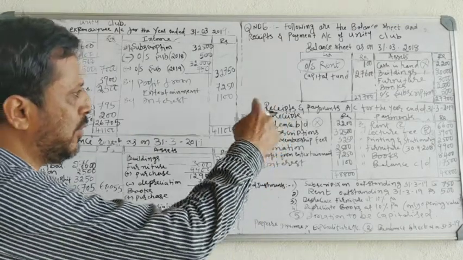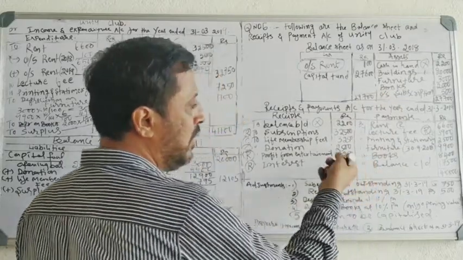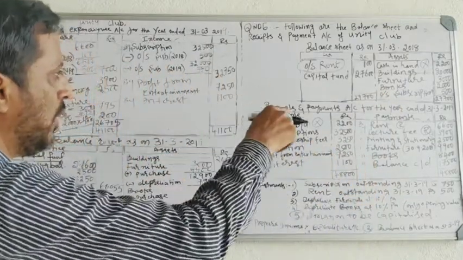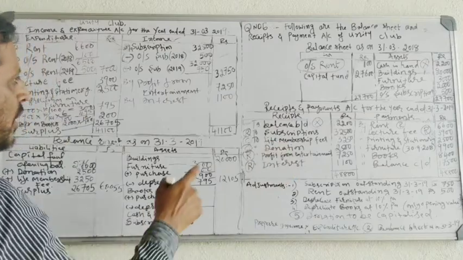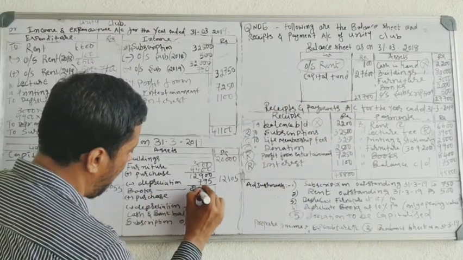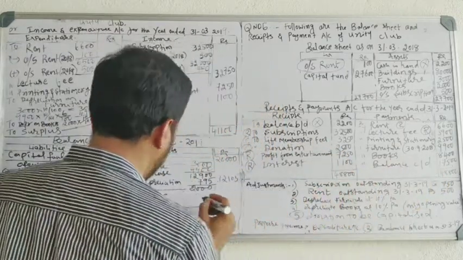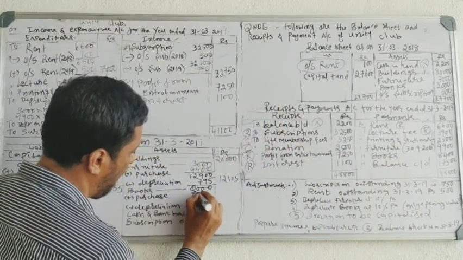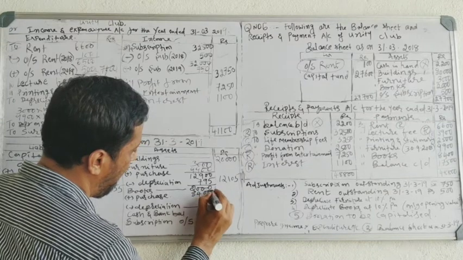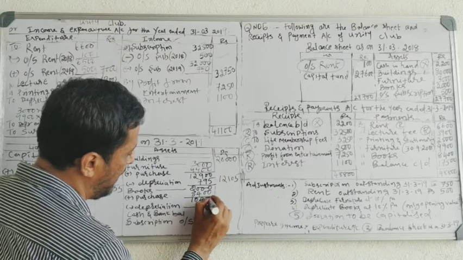In the same way, you have to write the books. Take the books here: opening value, additional value, less depreciation. So opening books is 2,000. Additional books purchase is 8,400. Total books is 10,400.